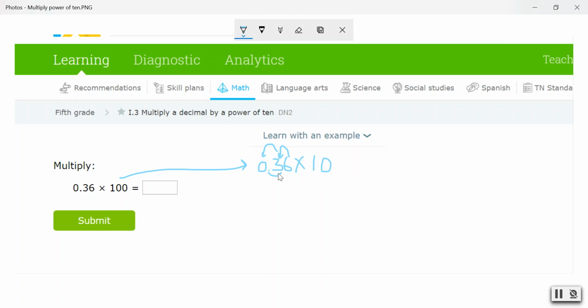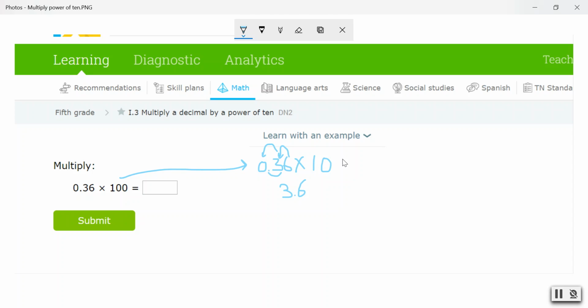The way that I most often think of this is I'm basically just moving the decimal backwards, so that each number is one place value higher than it was when I started. So 0.36 times 10 is 3.6.